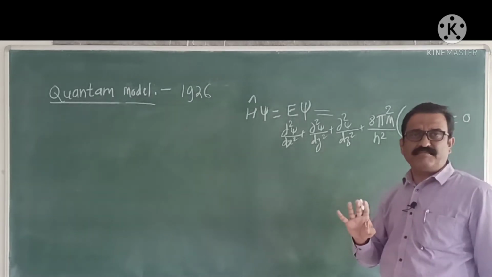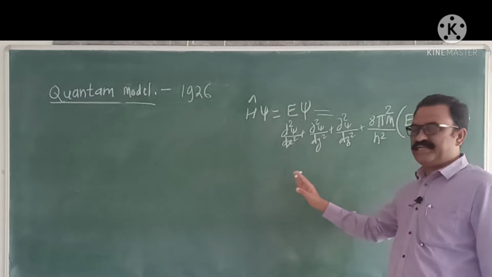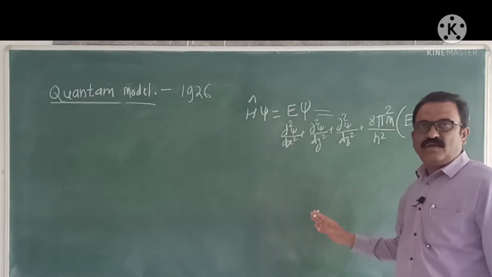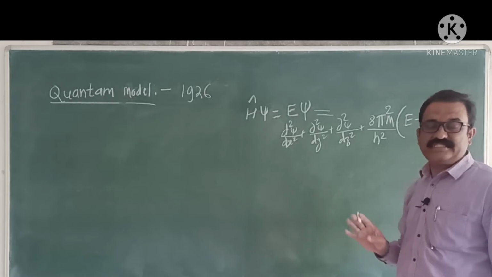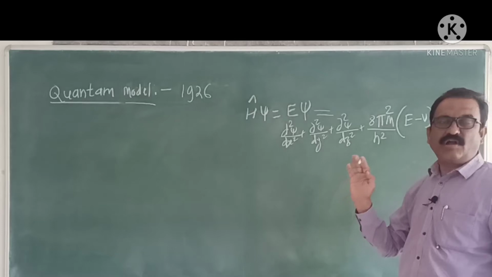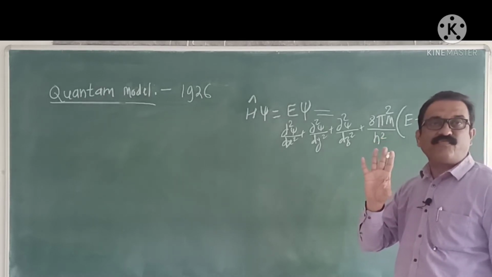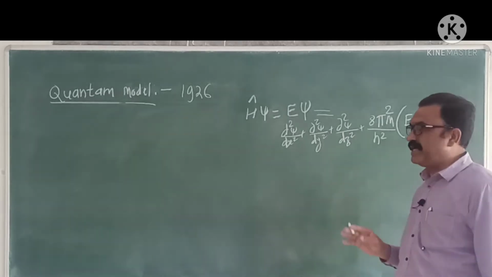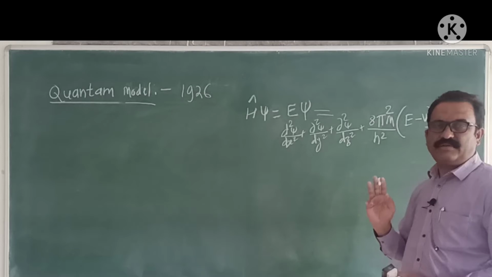That is, after solving the Schrödinger equation, a set of three quantum numbers is obtained: principal, azimuthal, and magnetic. These three quantum numbers define or explain the orbitals, while four quantum numbers are essential to explain the electron: principal, azimuthal, magnetic, and spin quantum number. That is, an electron has a set of four quantum numbers, while an orbital has a set of three quantum numbers.